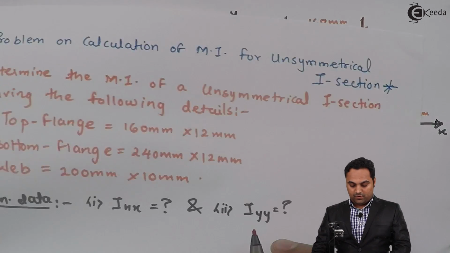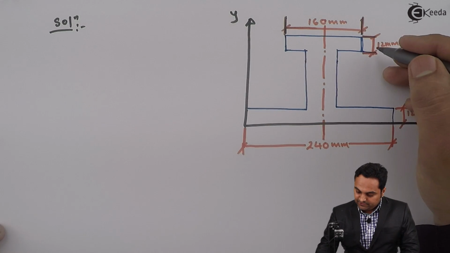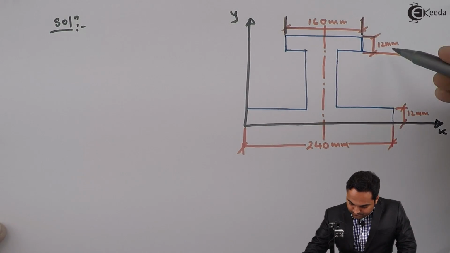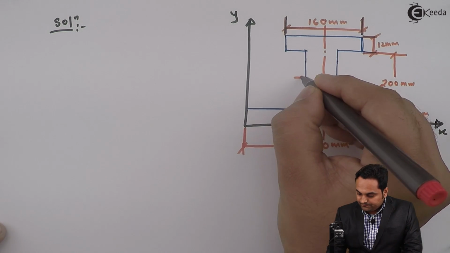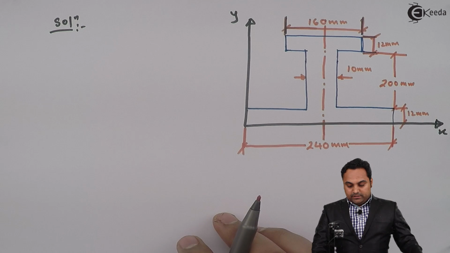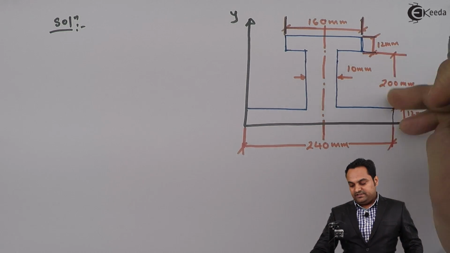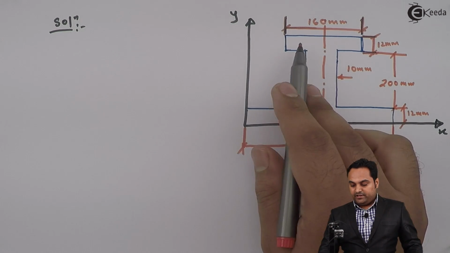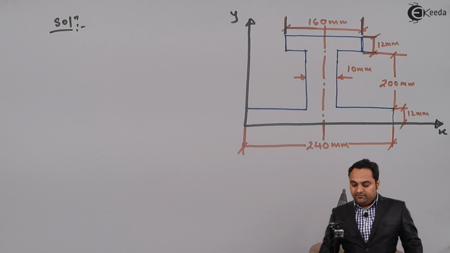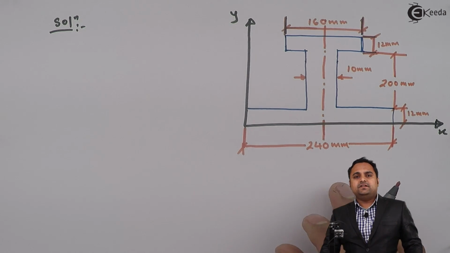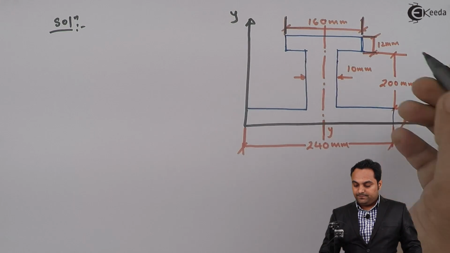Then web is 200 into 10, so the height of the web is 200 into 10. And now after drawing this diagram, it is clearly visible that it is unsymmetrical I section where the top flange is having less dimension compared to the bottom flange. But if we see in this diagram, it is unsymmetrical only about x. About y, it is symmetrical.